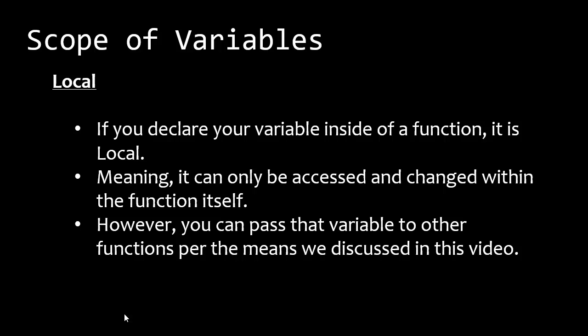Once the function is completed, it will remove itself from RAM. Global variables will hang out there for the life of the program, all the way through the program, okay? So if you want to pass a local variable, you can actually do this. If a function calls a function, obviously you will pass those local variables and go from there. All right, global is kind of outside of it, and everybody can access it.